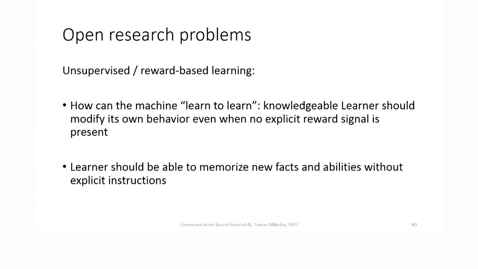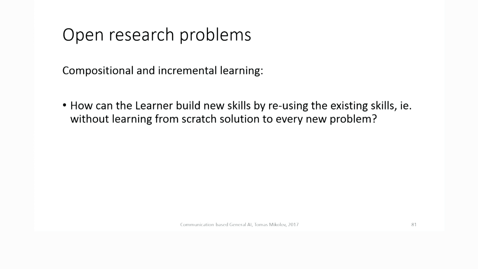For example, if somebody tells you "good job", then you should be able to interpret it as a good reward signal, although your brain doesn't really get any hard-coded reward signal for hearing these words. So you have to learn it during your lifetime. So learning how to learn is basically the open research problem: learning how to use past rewards to optimize the learning at the current moment. That should be one of the main points that you should be addressing in the future.